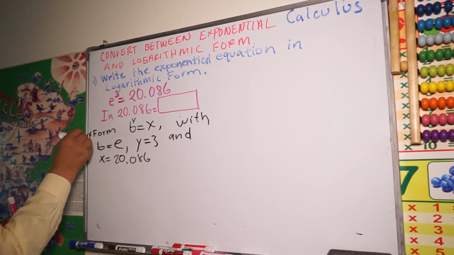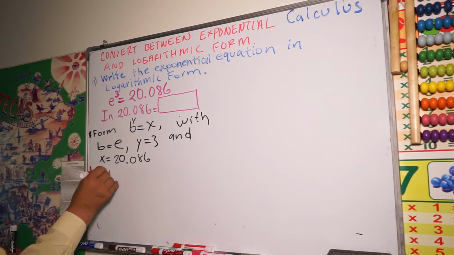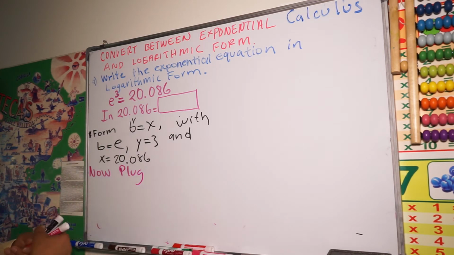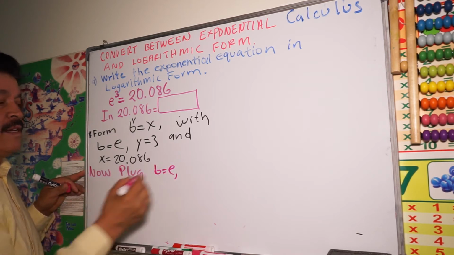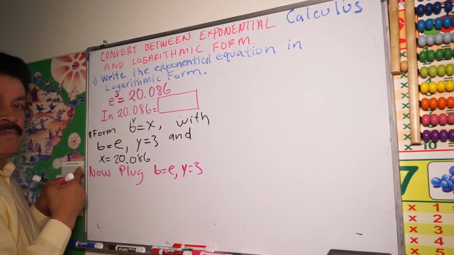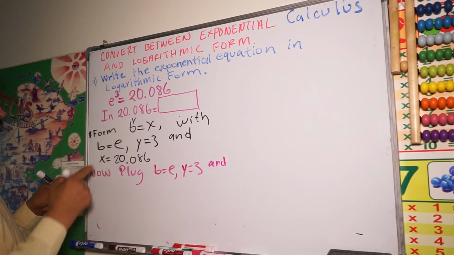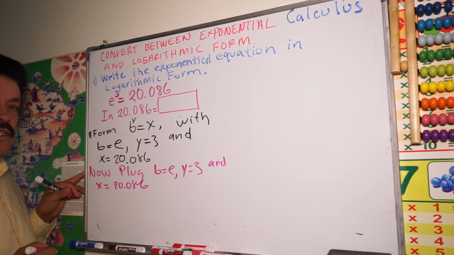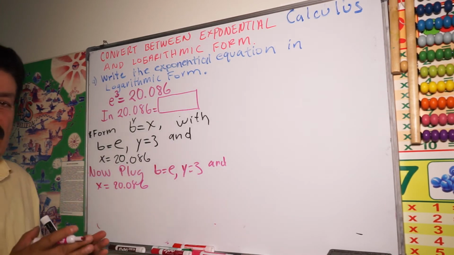This is the first step. So now, next step, what do we have to plug in? We plug in b equals e, y equals 3, and x equals 20.086 into the corresponding logarithmic equation.